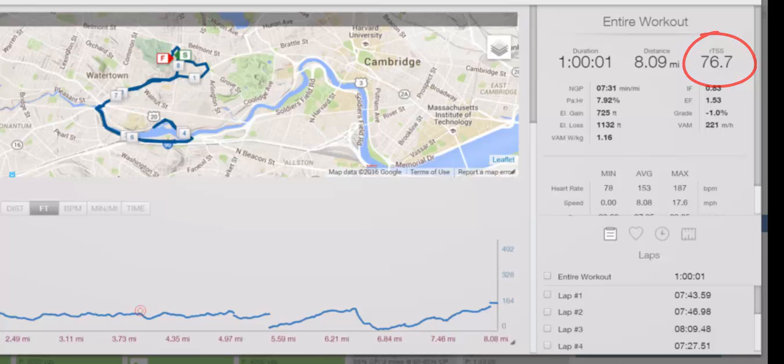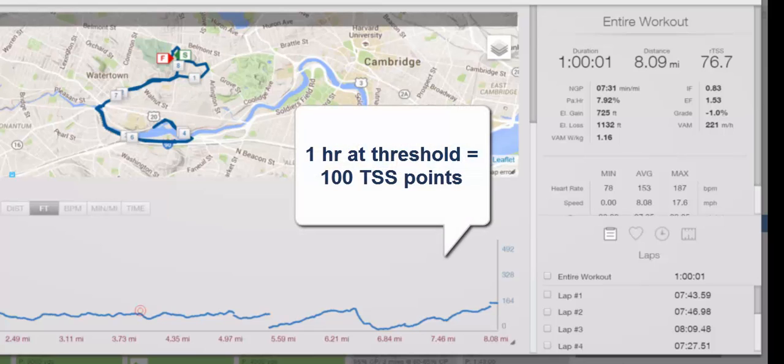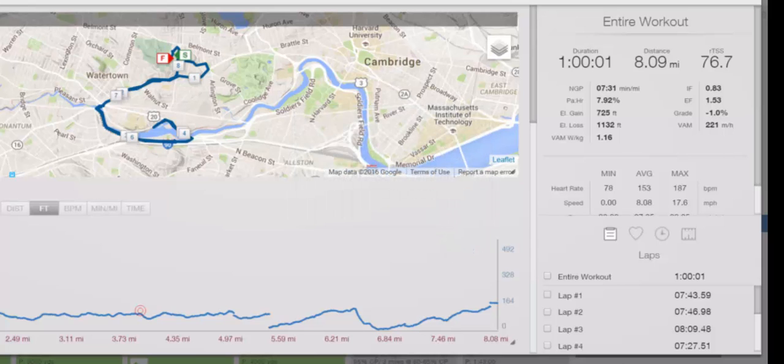So how does this relate to threshold? Well, if you were to do 1 hour at your threshold, which in this case for her is around 6:15, that would equal 100 points. That's how the software gives a value to the activity that you're doing. So 1 hour at threshold equals 100 points, whatever that threshold is, biking, swimming, running.